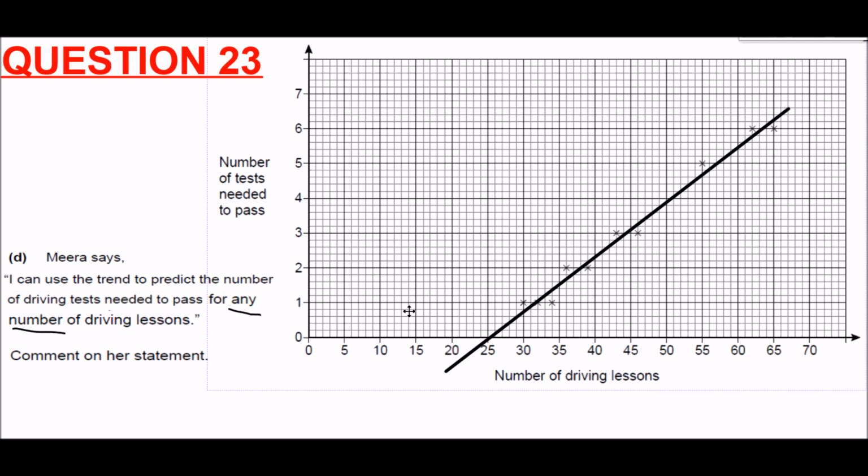So if you have a look here, using her idea, it would seem that a person who has 25 driving lessons would mean they needed 0 tests to pass, which is obviously impossible because you need at least 1 test to pass. You can't pass a test without doing a test. And so sometimes this is going to give ridiculous answers.